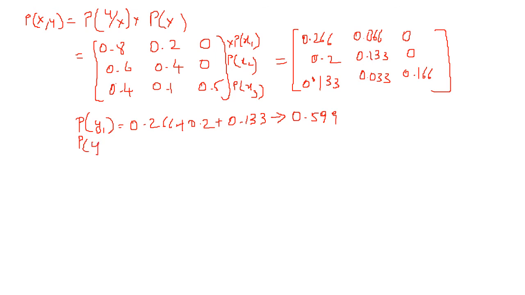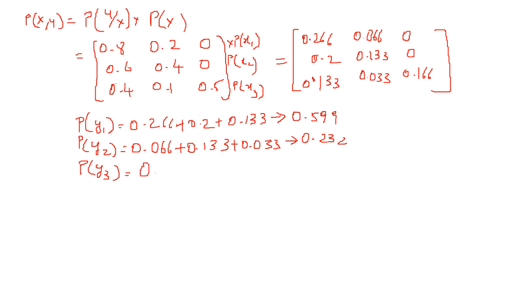P of y2 is the addition of the second column, 0.066 plus 0.133 plus 0.033, which is 0.232. P of y3 is the addition of the third column; you have only one element, so it is 0.166.